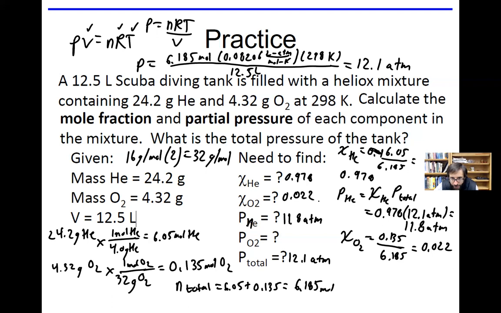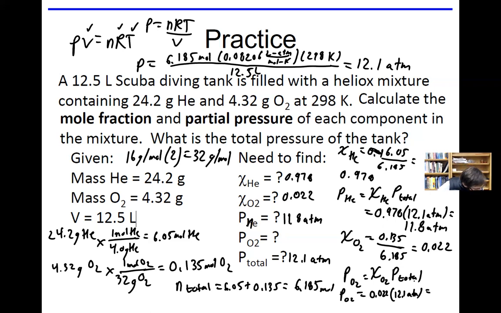So put that here. And again, we'll use the same relationship as before, but this time for oxygen: P oxygen equals chi oxygen times P total. So our last calculation for this video is P oxygen equals 0.022 right there, times our total pressure, which is 12.1 atmospheres.